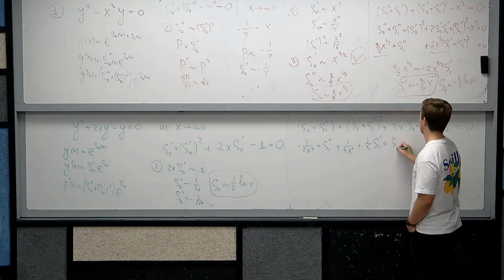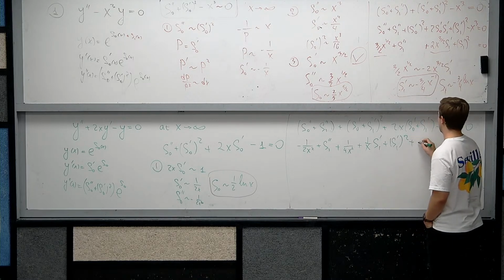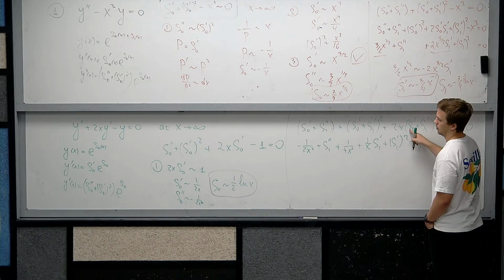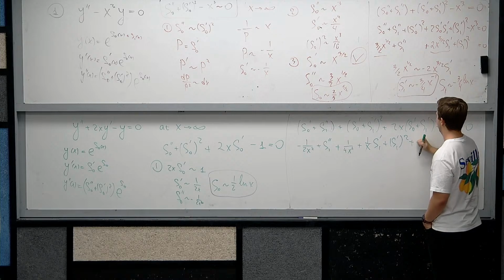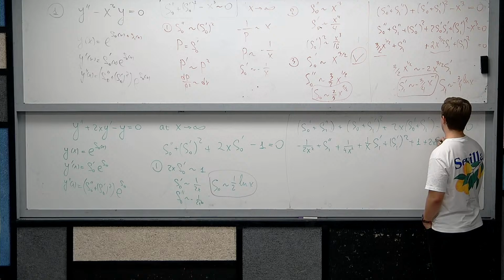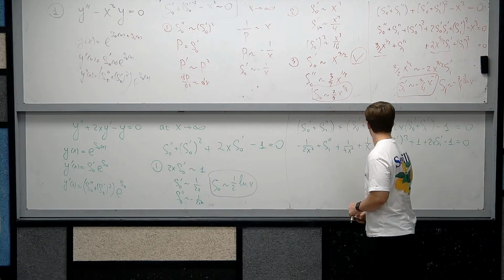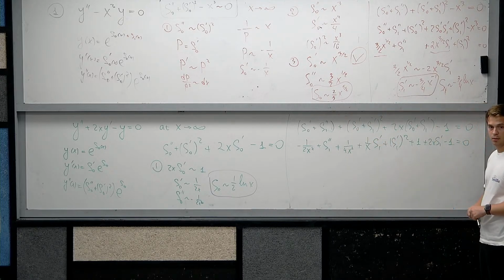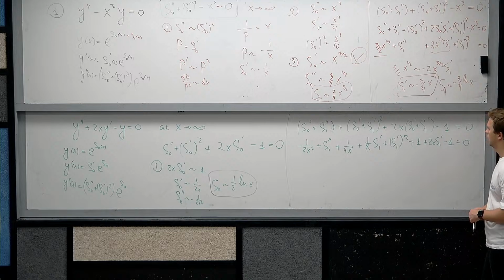The last term is S1 prime squared. There is 2x multiplied by S0 prime, so it's just 1, plus 2x S1 prime minus 1. So to the 4x, the exponent 4, not to the third term.